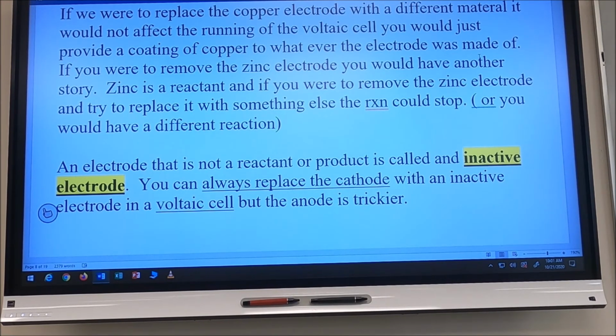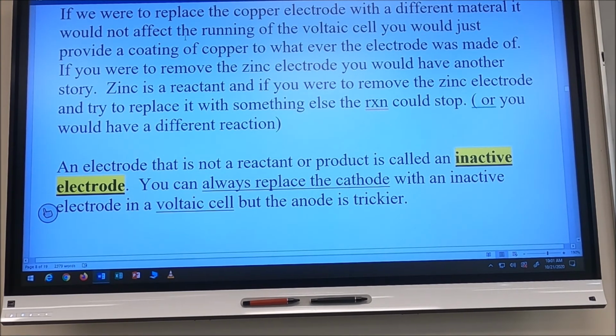So an electrode that is not a reactant or a product is called an inactive electrode. An electrode that is a reactant or a product is called an active electrode.